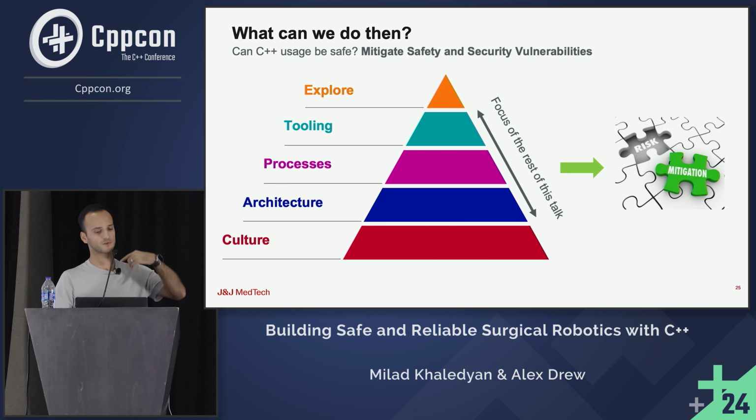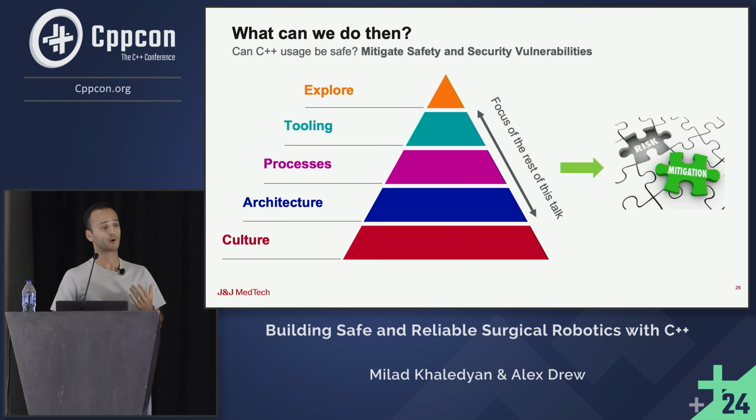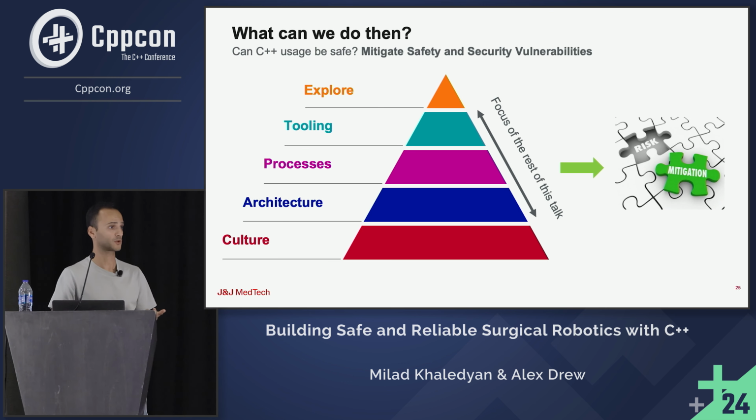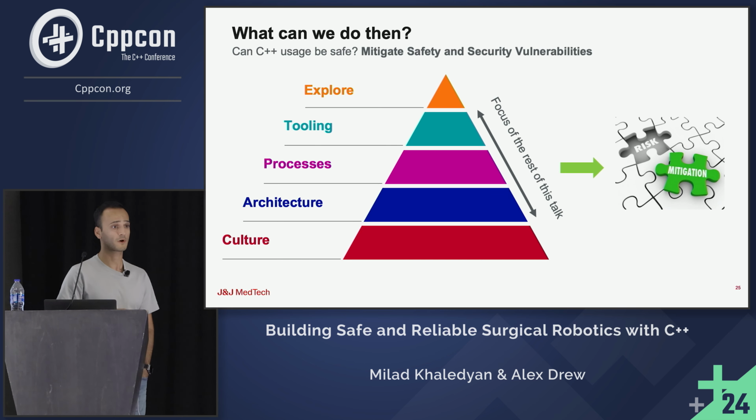And it lets me explore more for the future. The other categories we have are enforced processes and tooling, and we're going to spend some time on processes and tooling today. And then exploration: what can we do beyond culture, architecture, processes, and tooling to mitigate safety and security vulnerabilities from a language like C++?